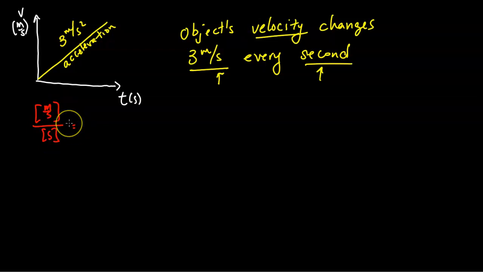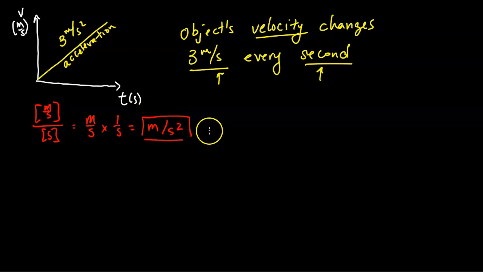If we've got a fraction on the top, and on the bottom, seconds is the same as seconds over 1. So we'll take meters over second, and we have a fraction divided by a fraction. You take the top fraction and multiply by the reciprocal of the bottom. The reciprocal of seconds would be 1 over second. So we get meters per second squared, or meters per second per second.